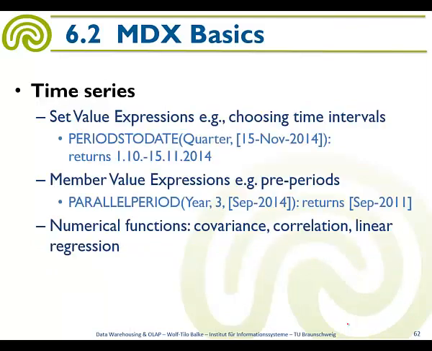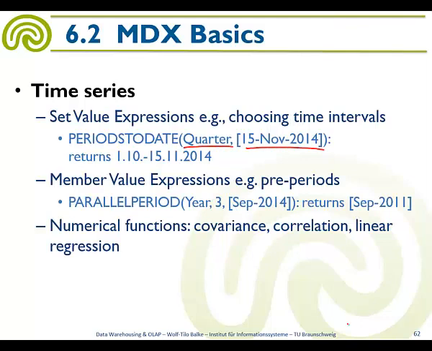Finally, there's time series. Sometimes it's for trend analysis and stuff like that. It's clever to have periods or time relevant data. So you can choose time intervals. You could, for example, set periods to date.